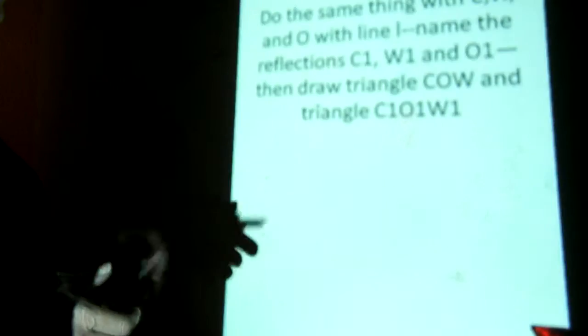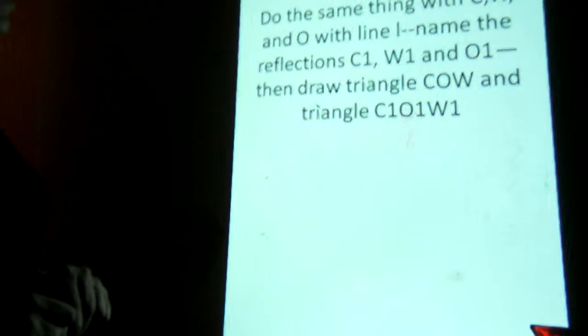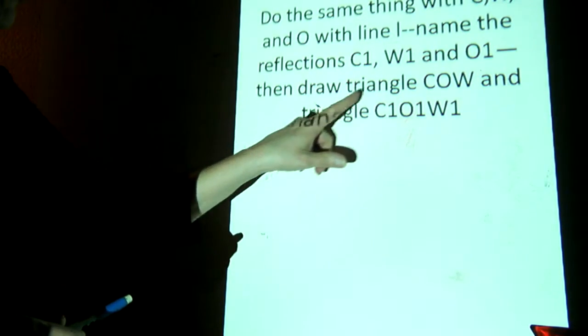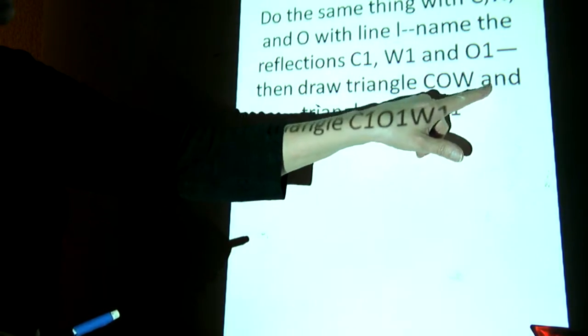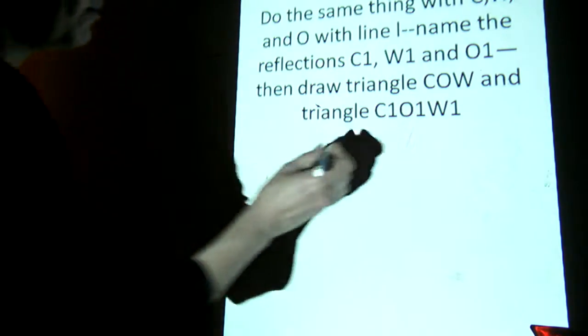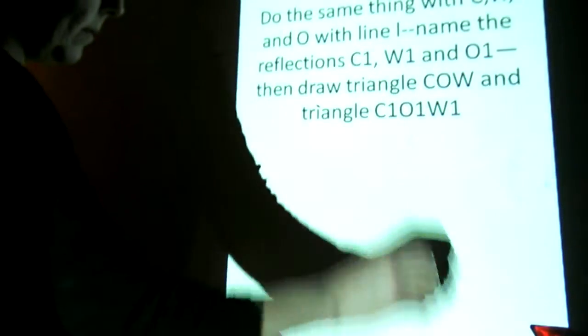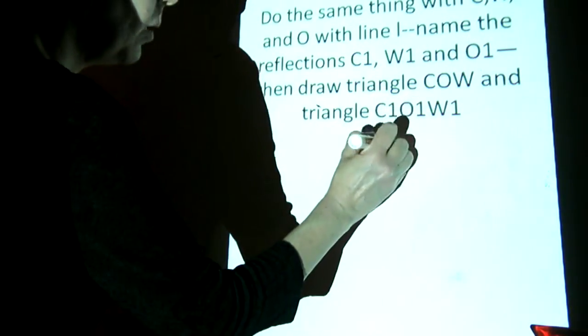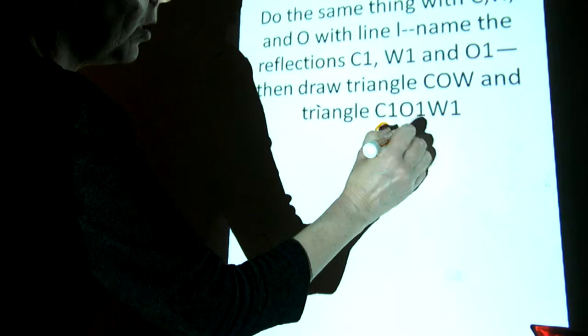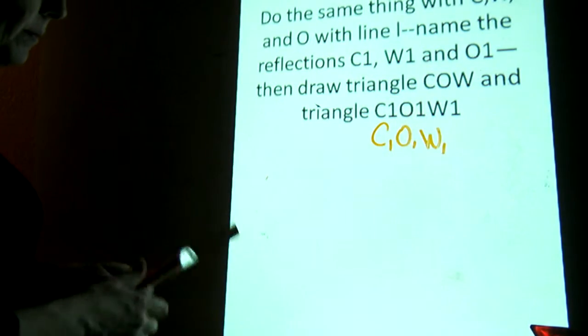Go ahead and start making the reflections of C1, W1, and O1, and then draw triangle COW and then triangle C1, O1, and W1. Okay?